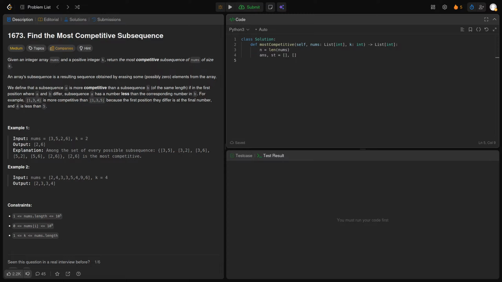Stack, and then for num in nums, we need some window, L and R, right?